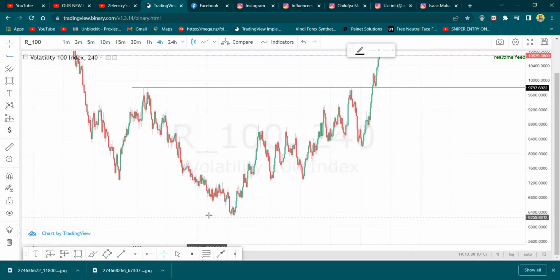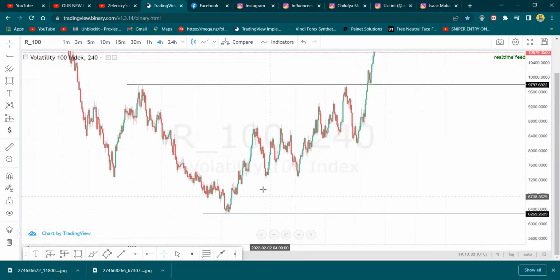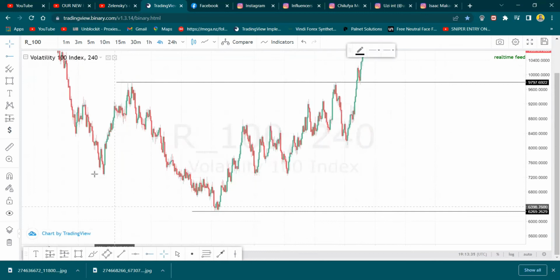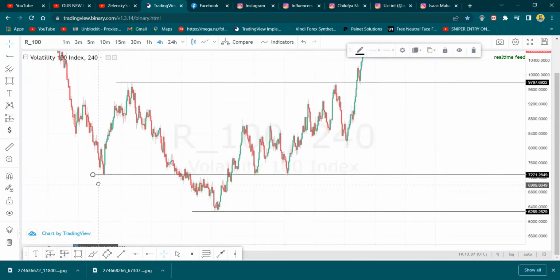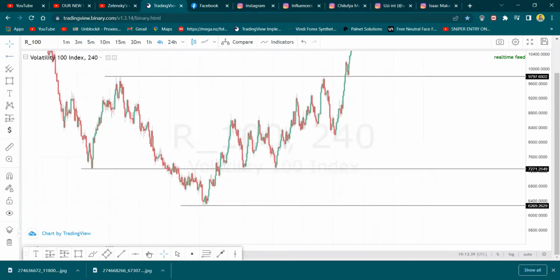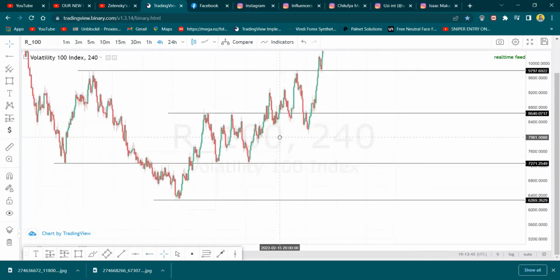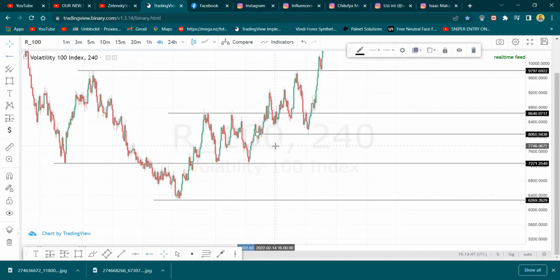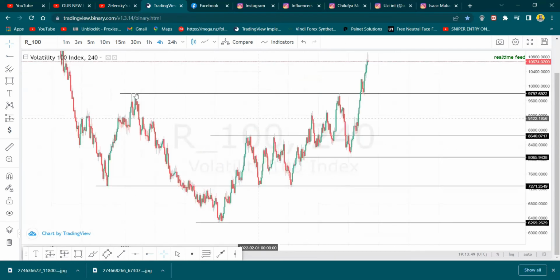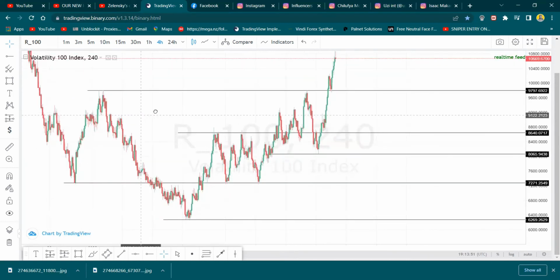There was this low. I'll spot out all the levels so you understand them properly. There's this level here, also this level here, and another level which was expected here. So yeah, I will start painting it in the form of a story.